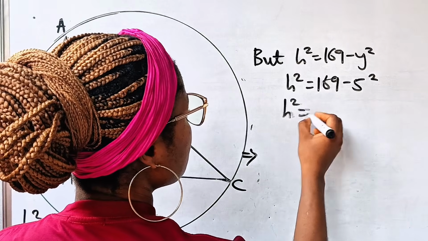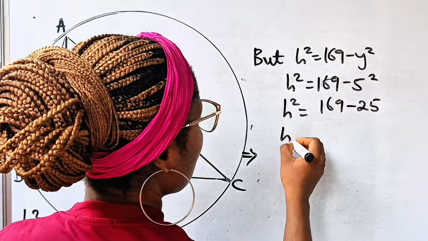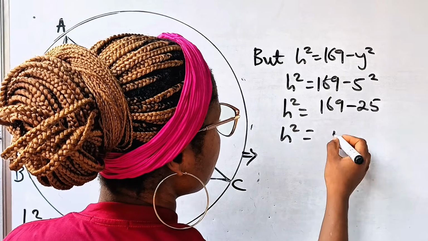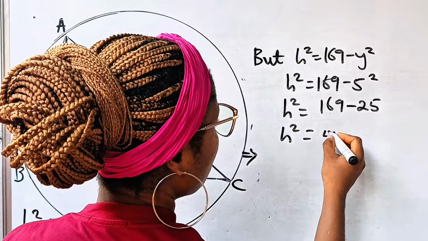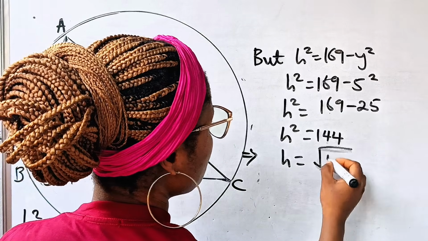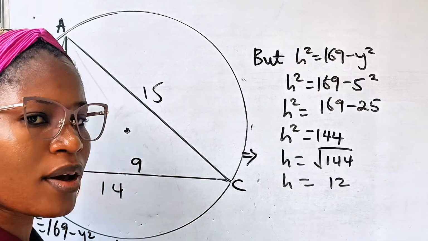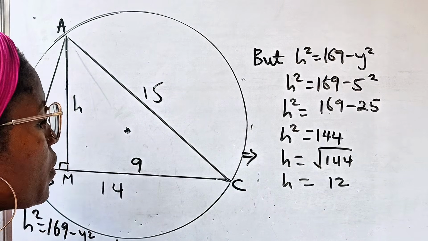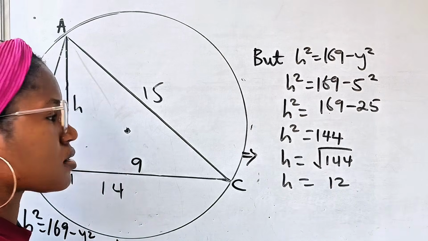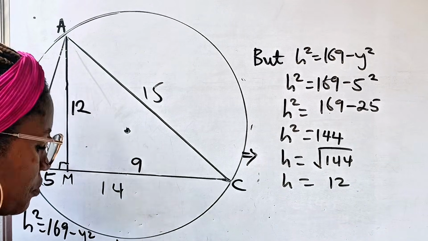So h squared is 169 minus 25. h squared is 144. So our h is square root of 144. Our h is 12. It should be plus or minus 12, but being that this is length, we are taking only the positive answer. So our h is equal to 12.